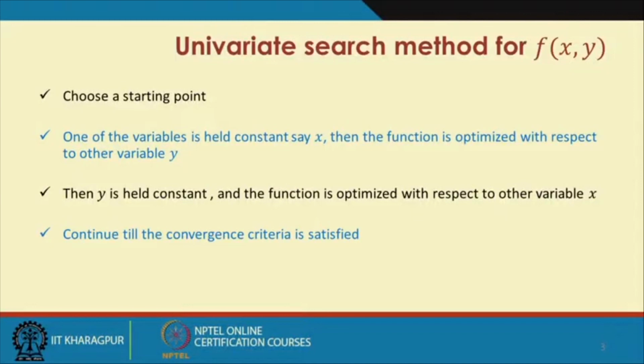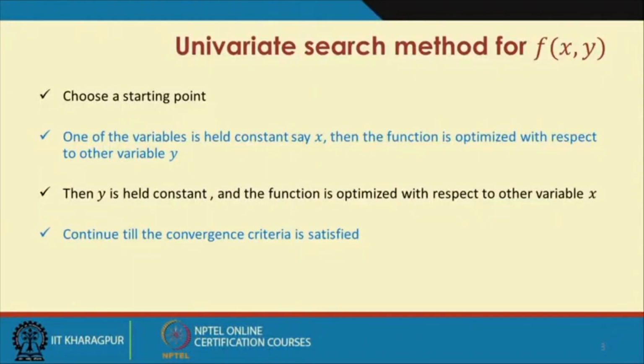If I just see the basic algorithm for univariate search, we start with the starting point. One of the variables is held constant, say x, then the function is optimized with respect to the other variable, say y. I can do the other way, I can keep y constant and change x as well. Then in the next step, I will do the reverse process.